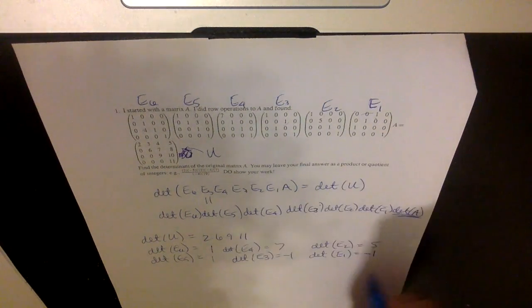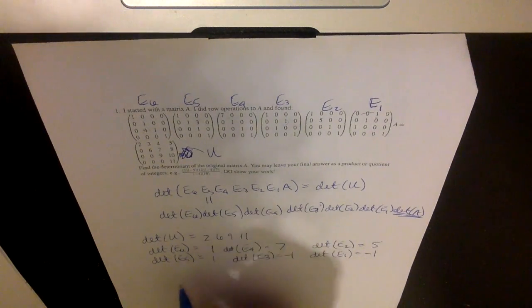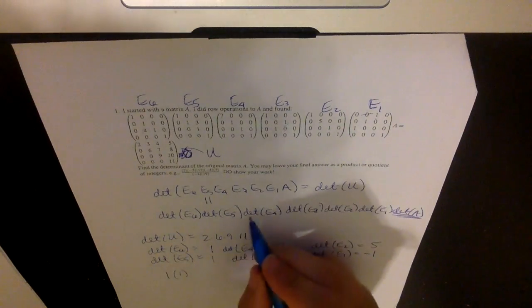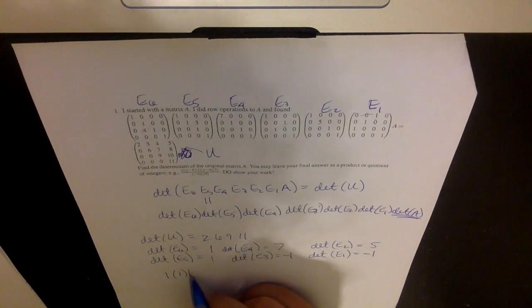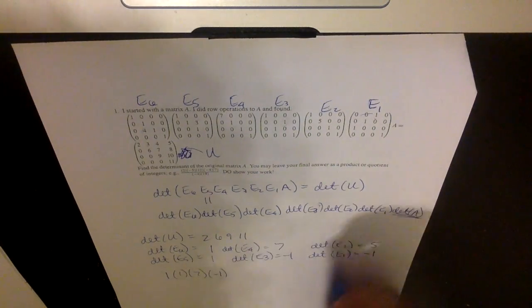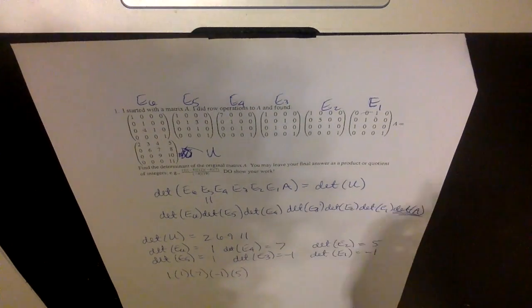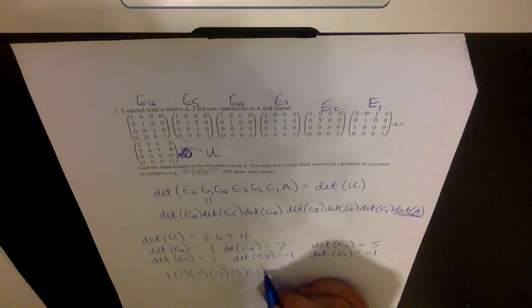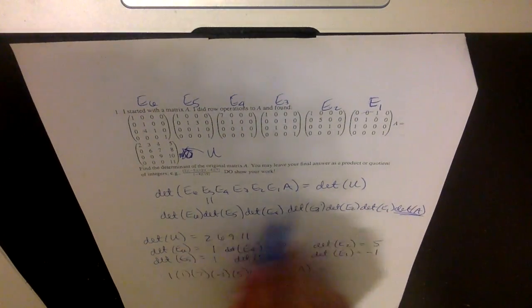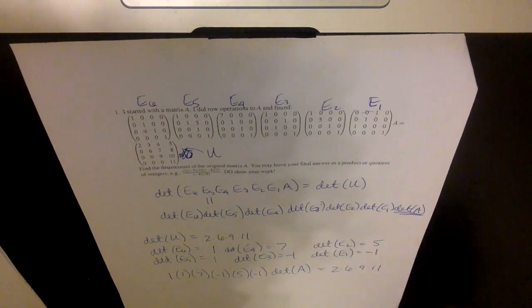So then what we find is that the determinant of E6, which is 1, times the determinant of E5, which is also 1, times the determinant of E4, which is 7, times the determinant of E3, which is -1, times the determinant of E2, which is 5, times the determinant of E1, which is -1, times the determinant of A is equal to the determinant of U, which is 2 times 6 times 9 times 11.